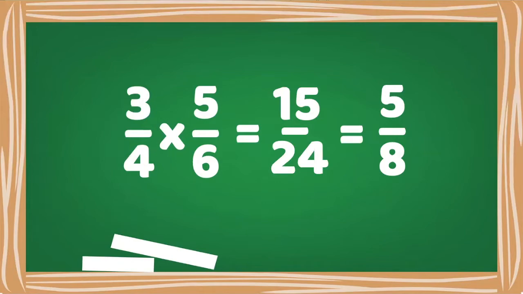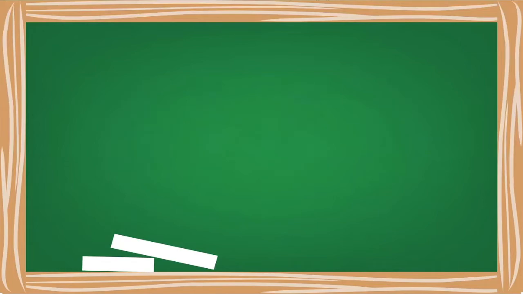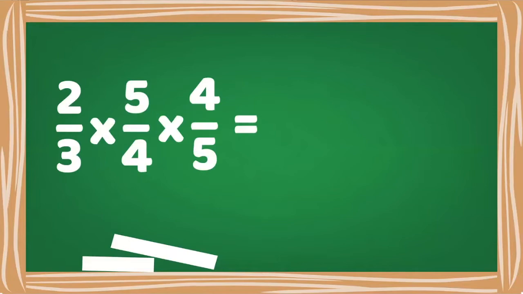But what if our problem involves 3 fractions multiplied together? Don't panic. We still follow the same procedure. Say for example, 2/3 times 5/4 times 4 over 5. We still follow the same procedure by multiplying the top numbers and the bottom numbers regardless if the fraction is improper or not.